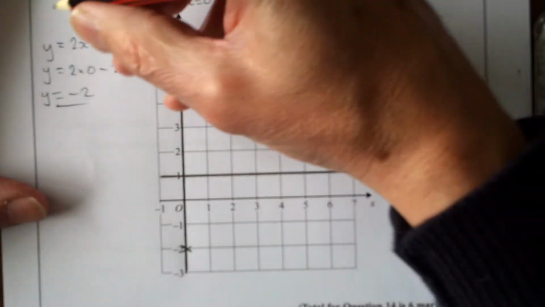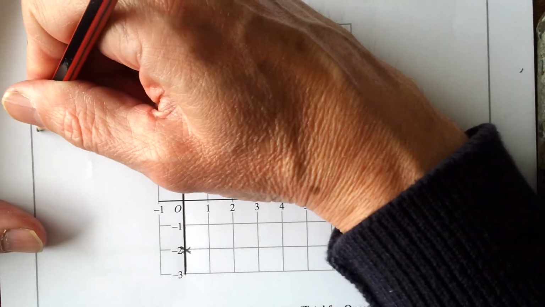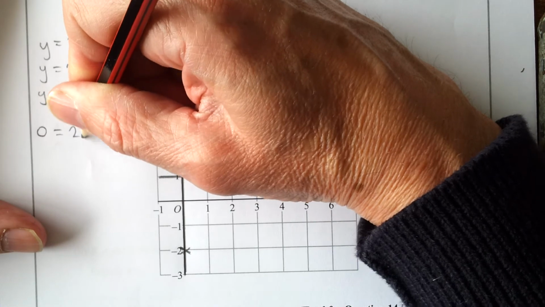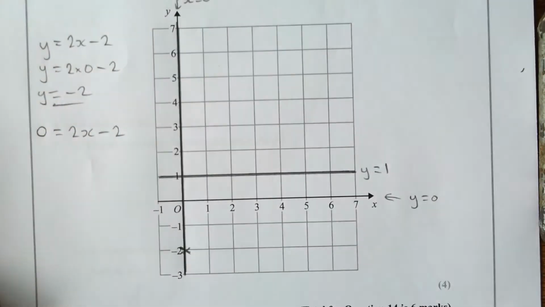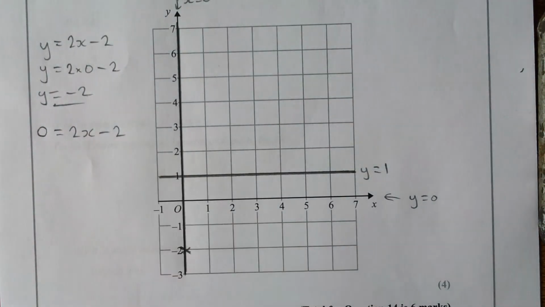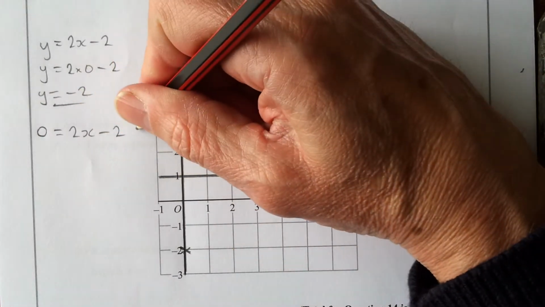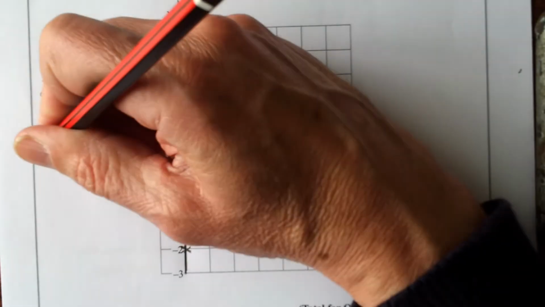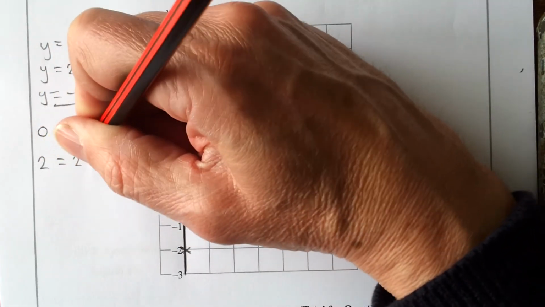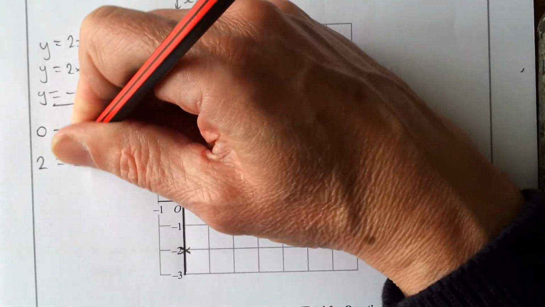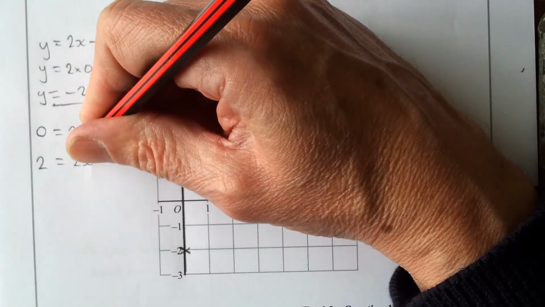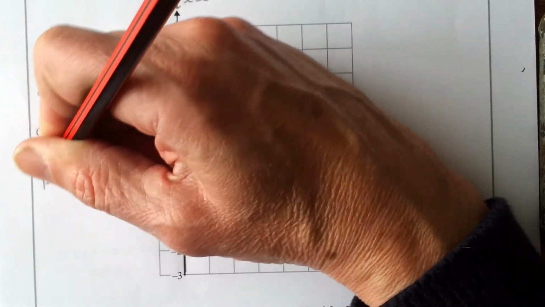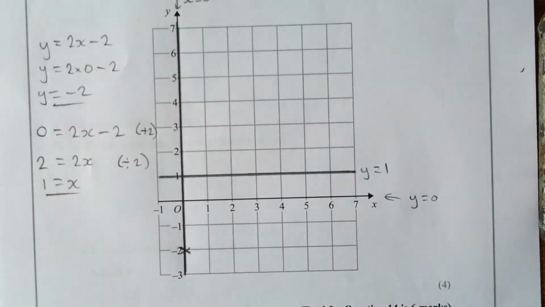Now let's do when y equals 0. So we get 0 equals 2x minus 2. Now we just need to change the subject to get x on its own. So I'll add 2 first, take this across the other side. So it becomes 2 equals 2x. And then the inverse of multiplication by 2 is divide. So divide by 2, we get 1 equals x, or x equals 1.